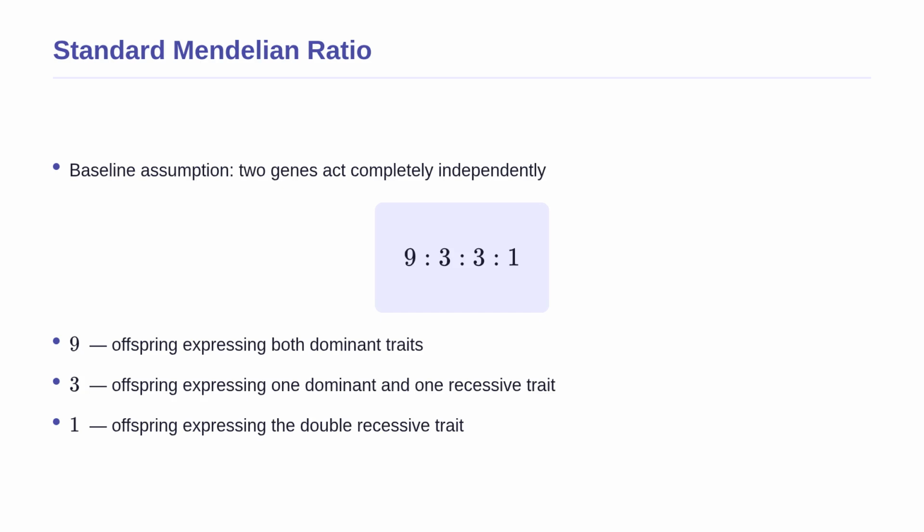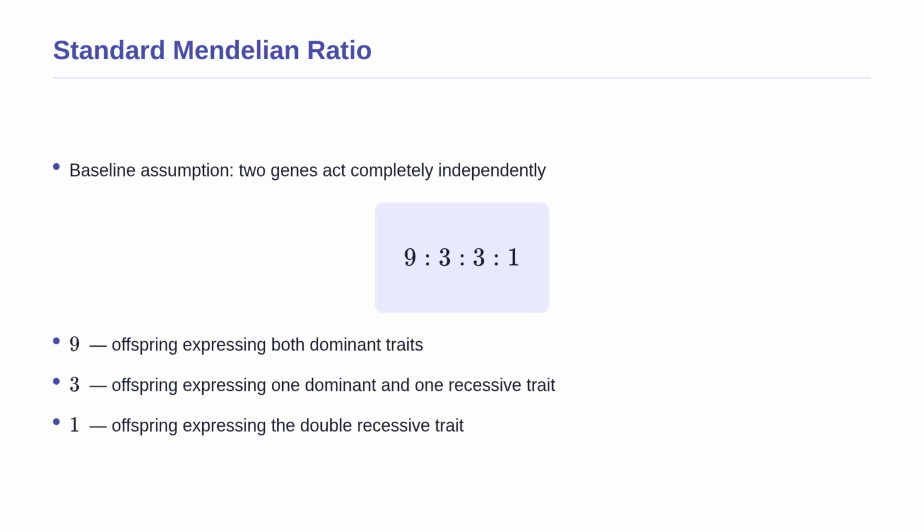Before we see how epistasis changes the rules, we must establish our mathematical baseline. When Gregor Mendel crossed two individuals that were heterozygous for two different traits, he discovered a very specific mathematical outcome. This is the classic Mendelian dihybrid ratio of 9:3:3:1.